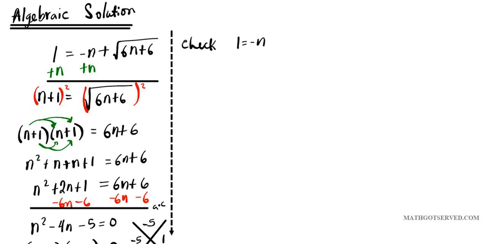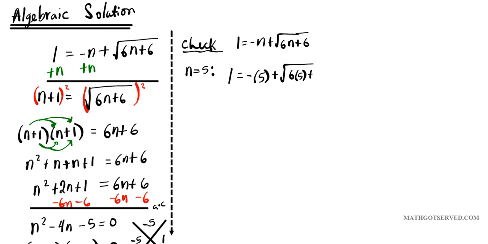1 equals -n plus the square root of 6n plus 6. The first answer we got was n equals 5. So what we're going to do is substitute 5 into the n's in this equation. So the question is 1 equals -5 plus the square root of 6 times 5 plus 6.